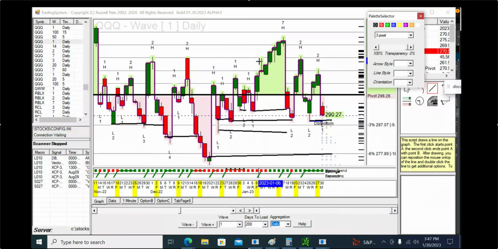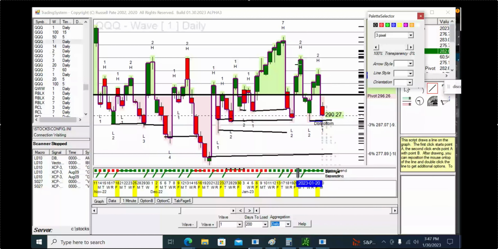If I see a lot of wick like here, I'm like, oh my gosh, it ran up and then came back down and closed way down here. Here, the close price was at the high of the day. Here, a little off the high of the day. Our wicks are telling us.